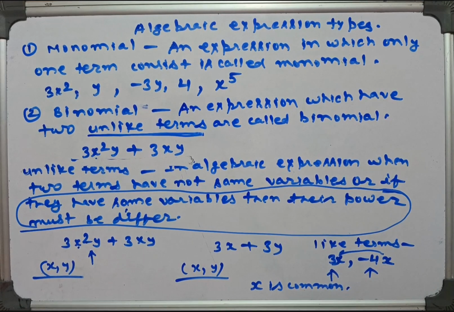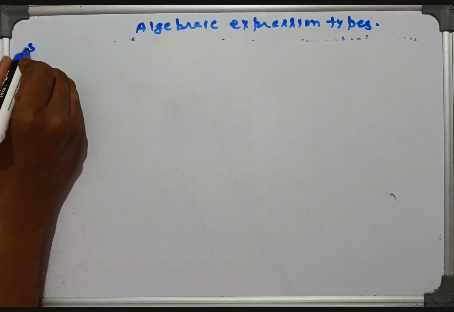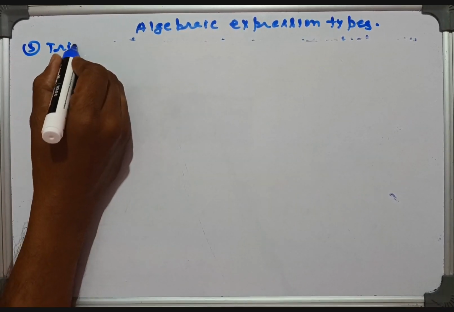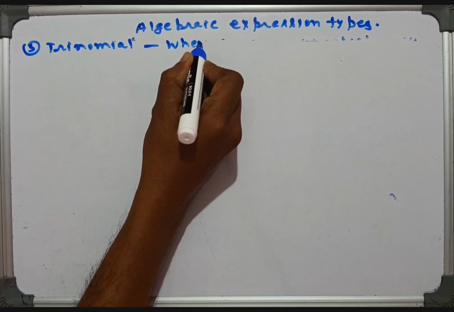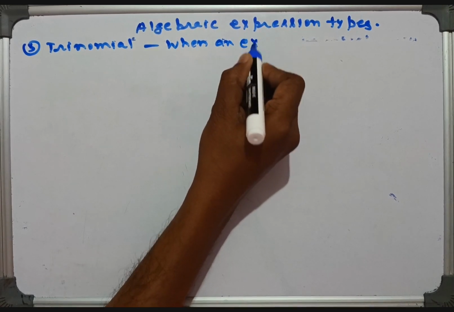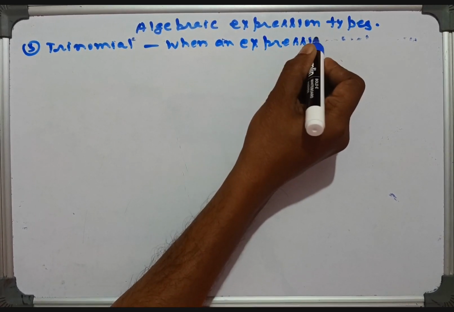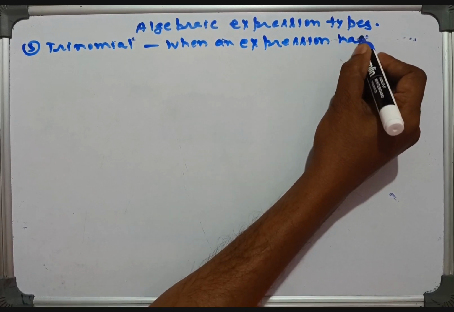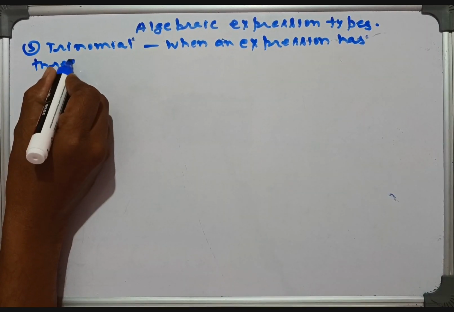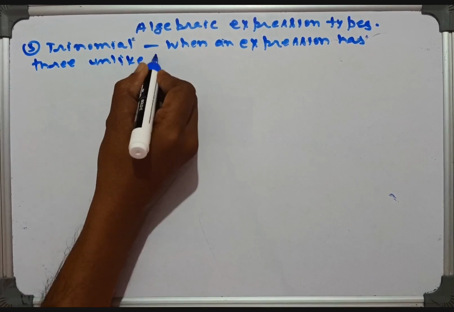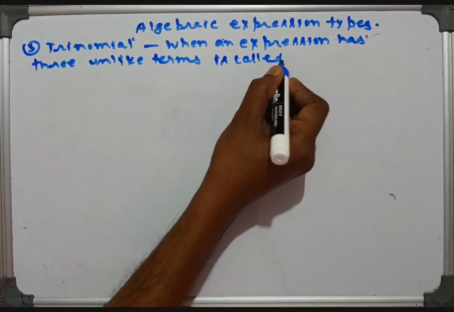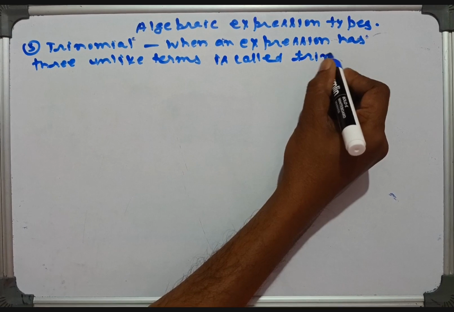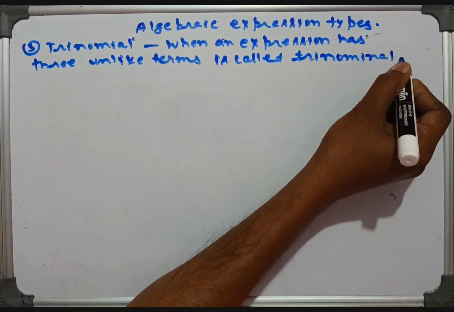Okay guys, now the third one is a trinomial. When an expression has three unlike terms, it is called a trinomial.